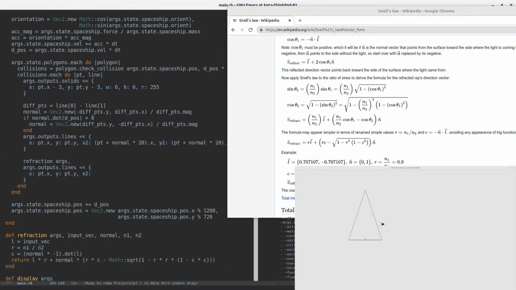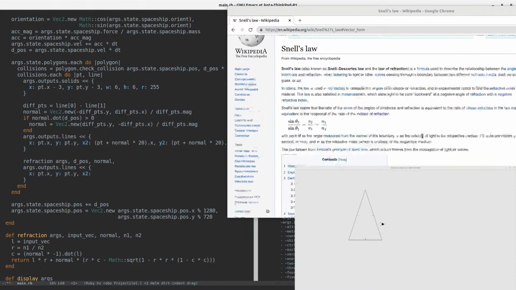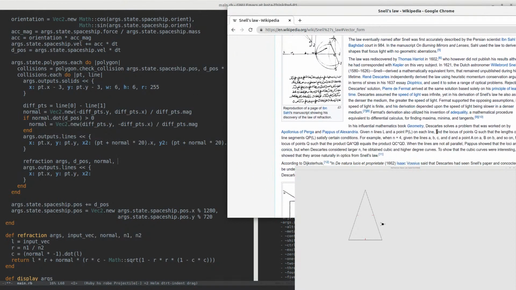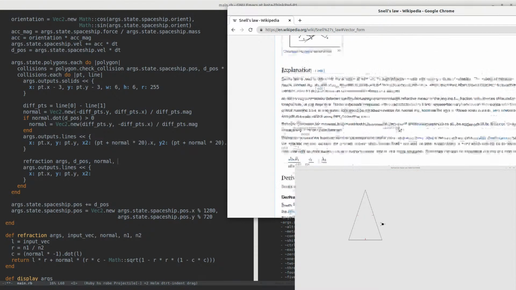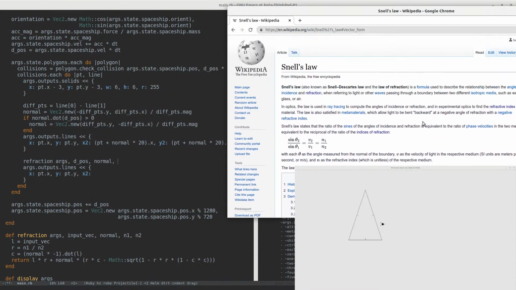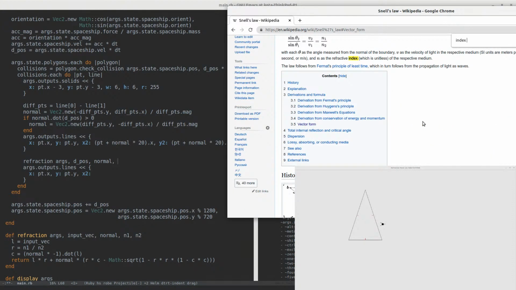So we have our d position, our difference in position, which is our input vector. And then our normal is just our normal. For now, we'll just always have the same index of refractions, so we'll be turning every time. So IOR, typical, I think water was 1.3 or something.